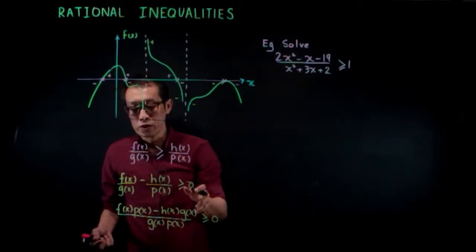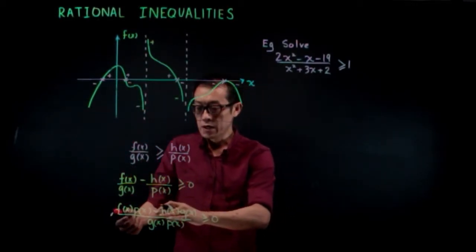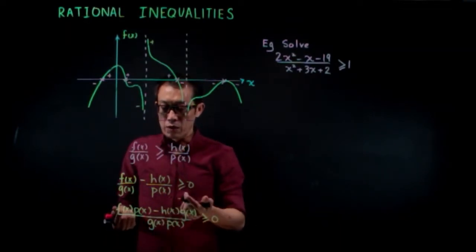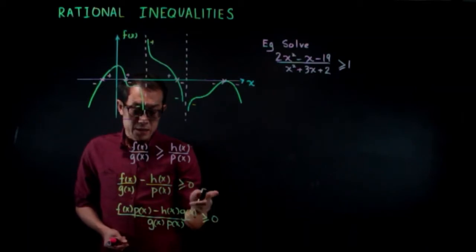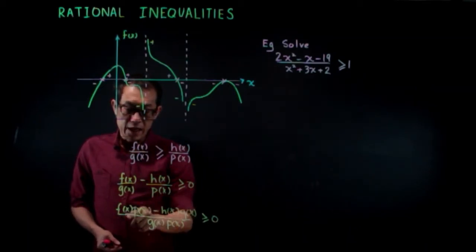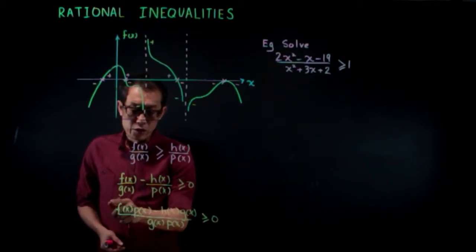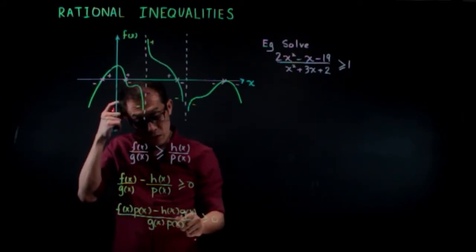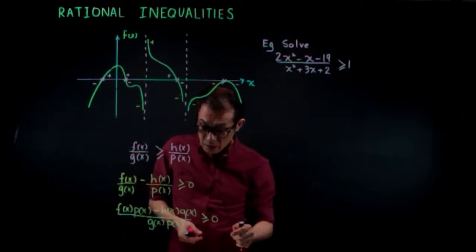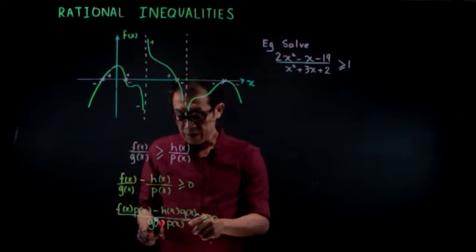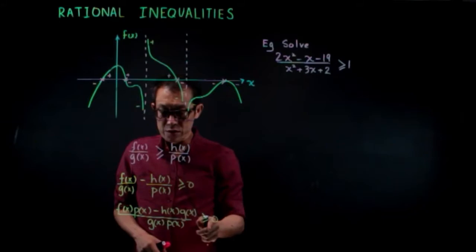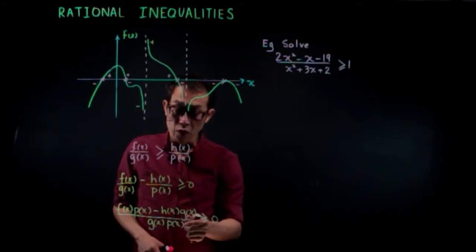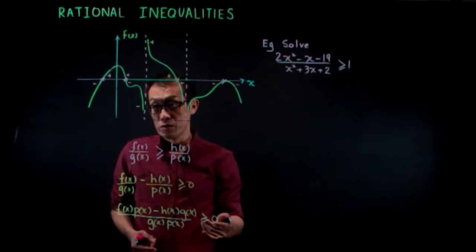Then you go on to determine its roots and its asymptote. How to determine its roots? The graph cuts the x-axis when the numerator is equal to 0. For the vertical asymptote, you equate your denominator to 0. So g of x equals 0 or p of x equals 0.